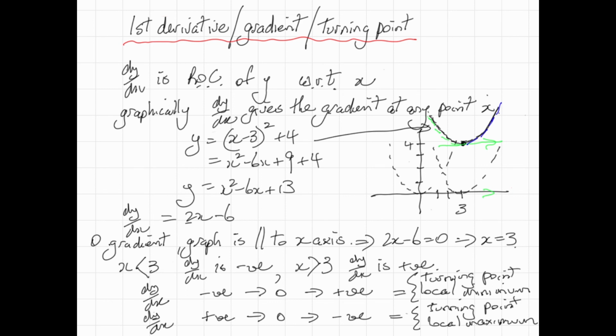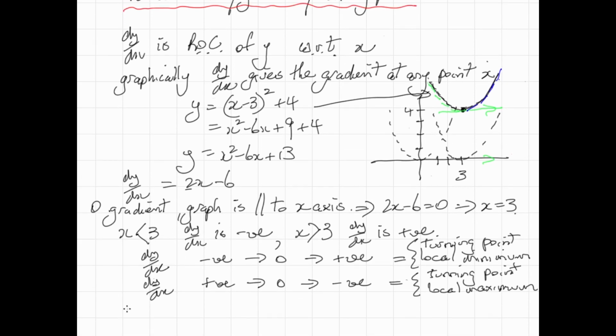In addition, if dy dx goes from positive to 0 to positive, or from negative to 0 to negative, in other words, the gradient does not change sign, then you could have, not necessarily, but could have, what we call a point of inflection.